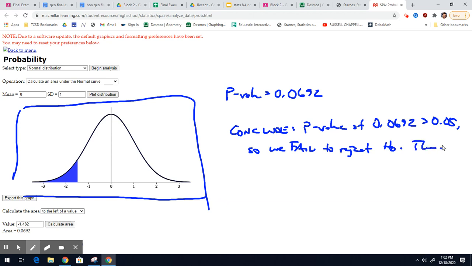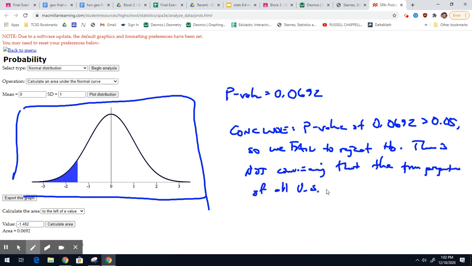So we say if we fail to reject the null, there's not convincing evidence that, and now here's where your copy and paste goes. Copy and paste the p from the state that the true proportion of all U.S. adults who have watched Survivor, and now you have to refer to the alternative hypothesis.